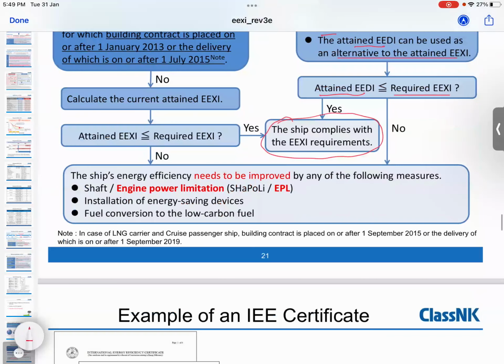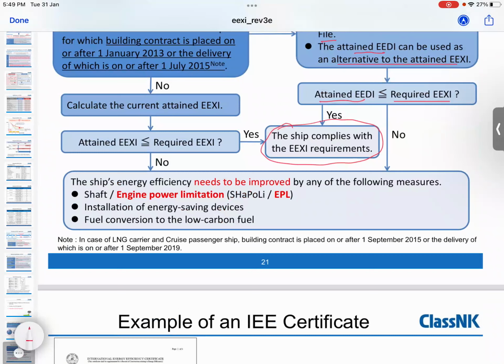Yes sir, understood sir. Okay, and these are the methods, please make a note of this one. Methods to improve your EEDI and EEXI, right? Sorry, EEXI के लिए ये वाले methods हैं. Shaft power limitation and engine power limitation, ShaPoLi. Installation of energy saving devices, right, like your waste heat recovery and fuel conversion.